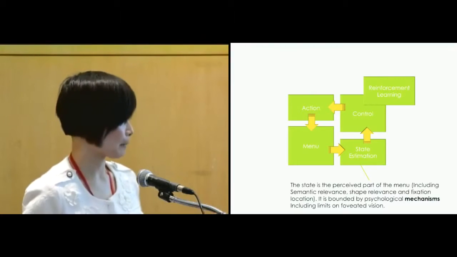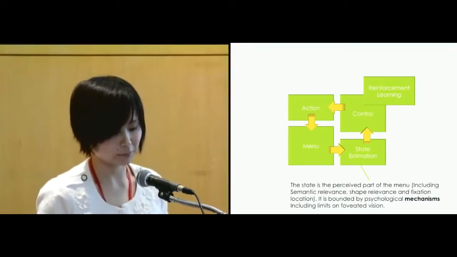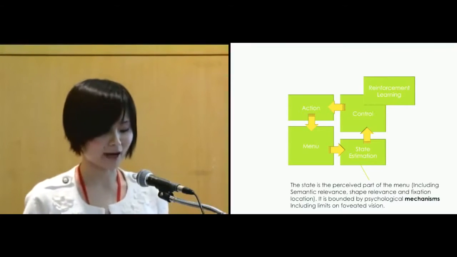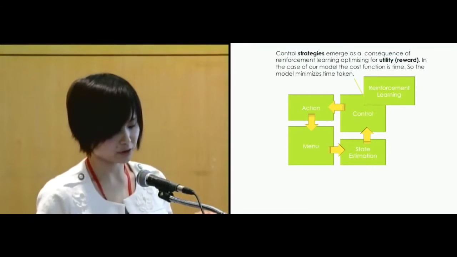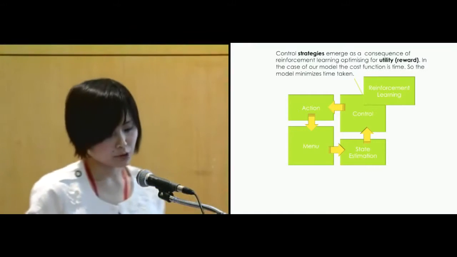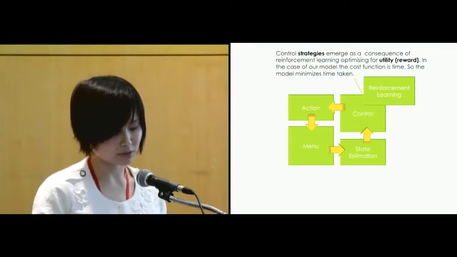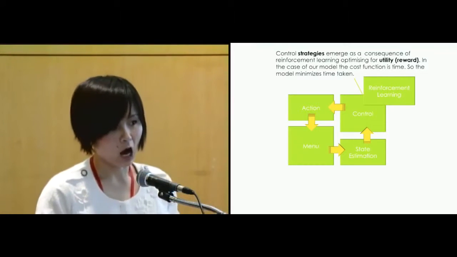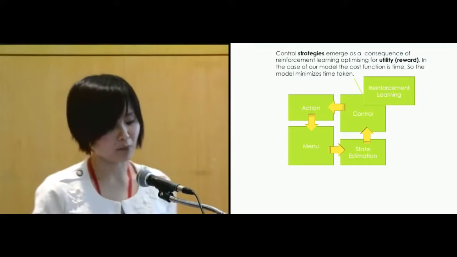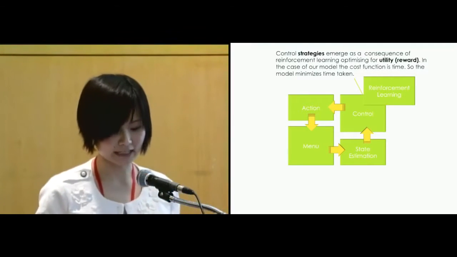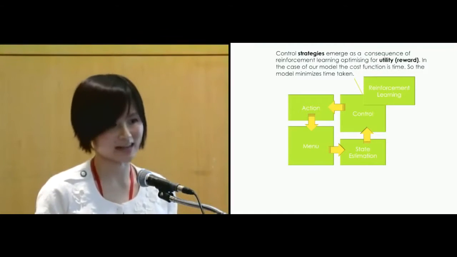This state estimation is bounded by psychological mechanisms, including limits on foveal vision. The control policy emerges as a consequence of reinforcement learning, optimizing for utility. In our model, the cost function is time, so the model minimizes the time cost.